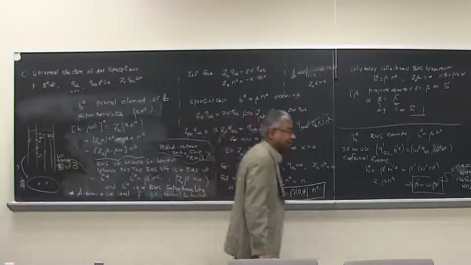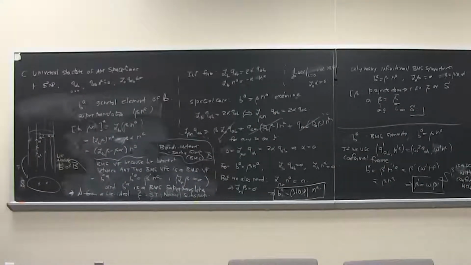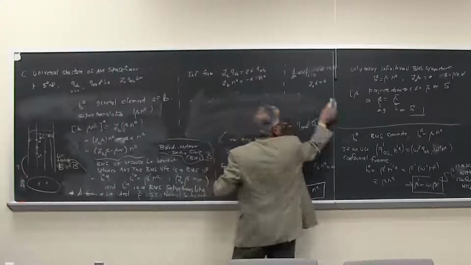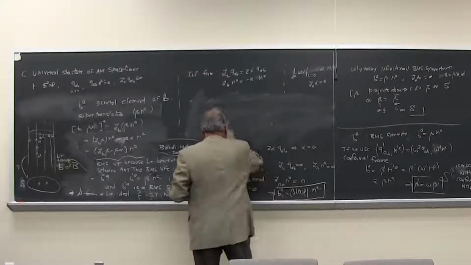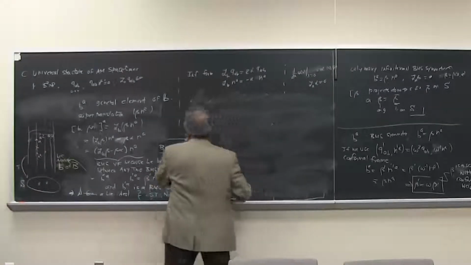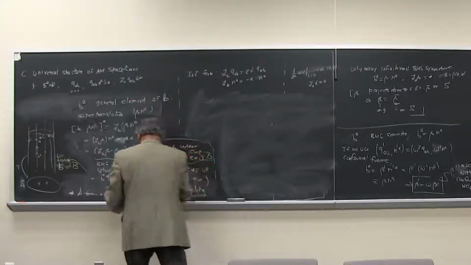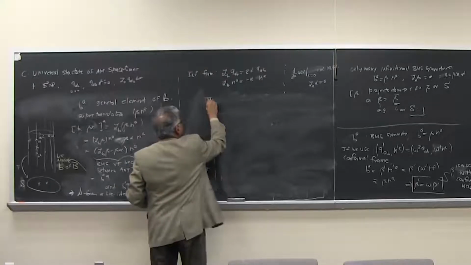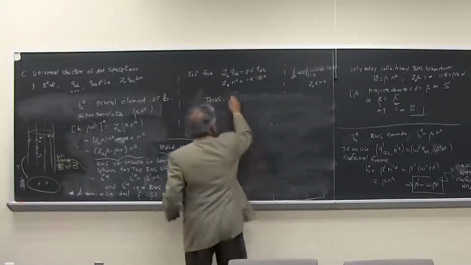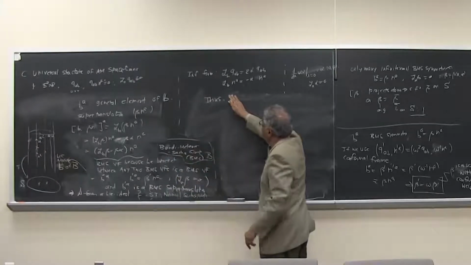So this is a fundamental fact about groups, which I just write down now. Thus, super translations form a normal subgroup.